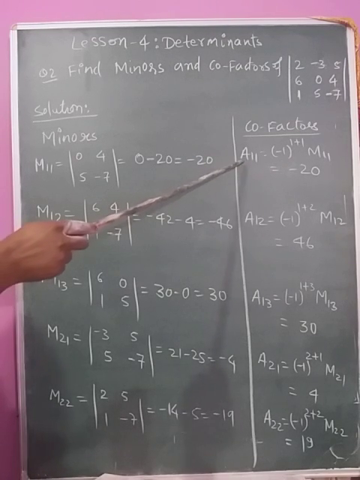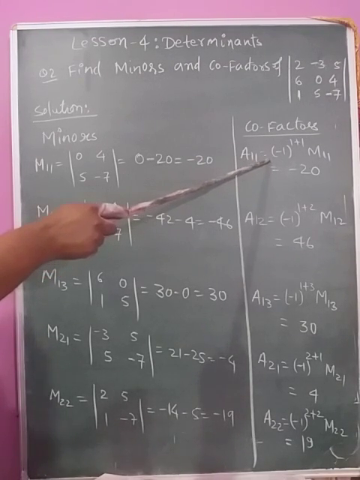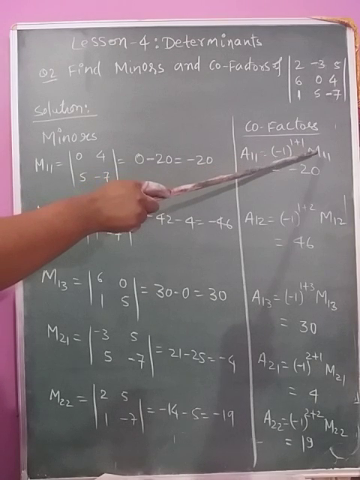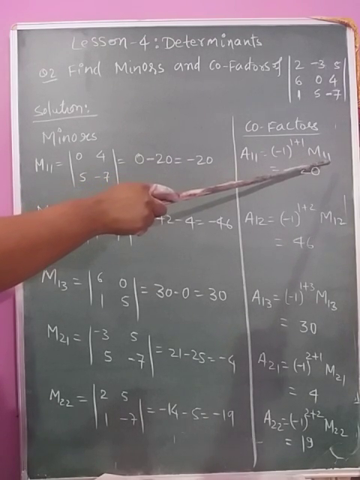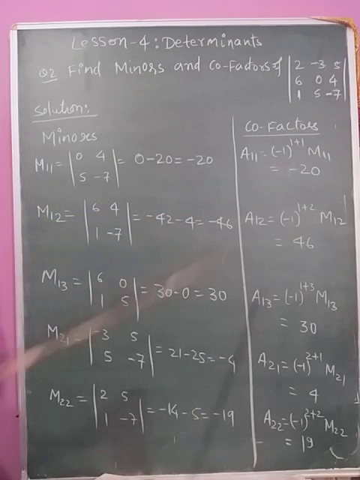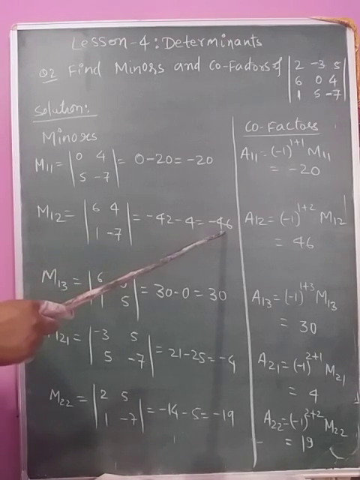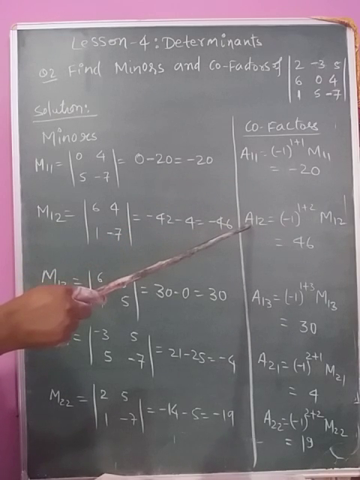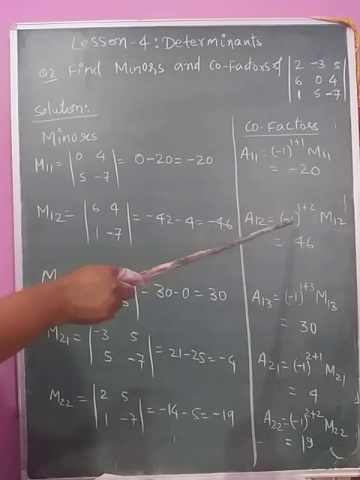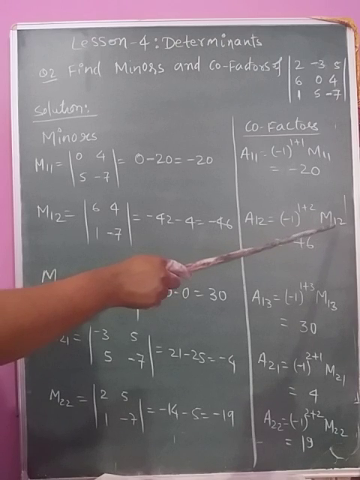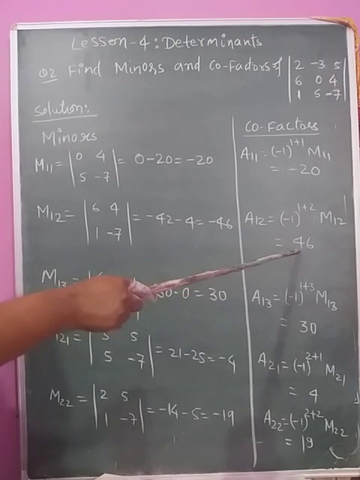And corresponding cofactor A11 is equal to minus 1 to power 1 plus 1 times M11, which is equal to minus 20. Similarly, M12, after delete first row and second column, we have determinant of 6, 4, 1, minus 7. After solve, we have minus 46. Similarly, cofactor A12 is equal to minus 1 to power 1 plus 2 M12, which is 46.